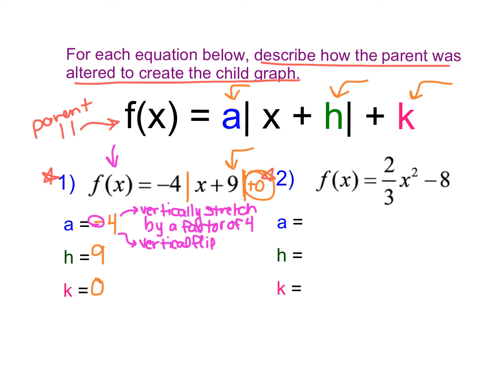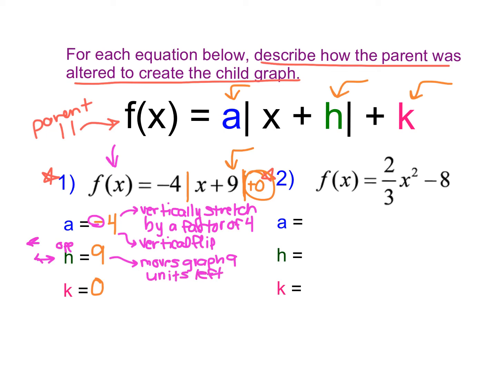Then from here we have our horizontal change, which is the h value. And this is going to horizontally shift our graph. Now remember, h works the opposite of what we expect. So if this is a +9 here, it's not going to go in the positive right direction, it's going to go in the negative left direction. So what this h value of 9 does is it shifts the graph 9 units left.